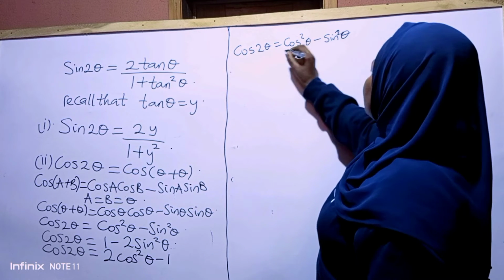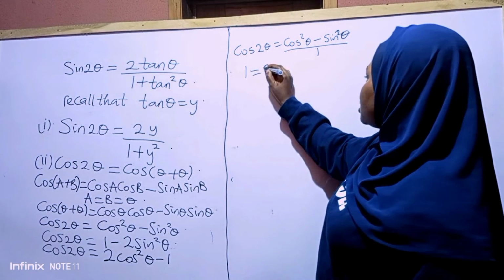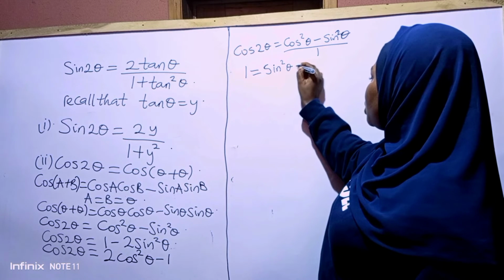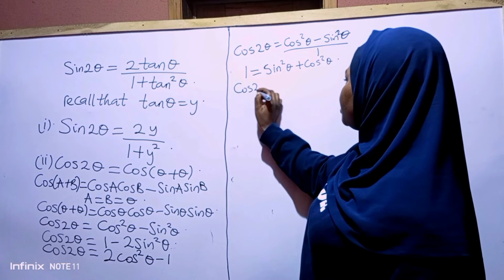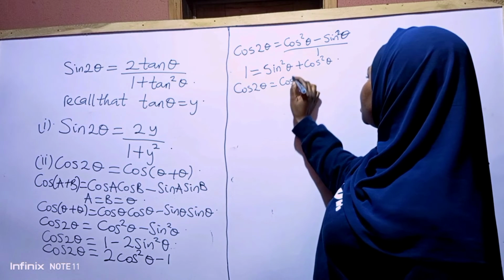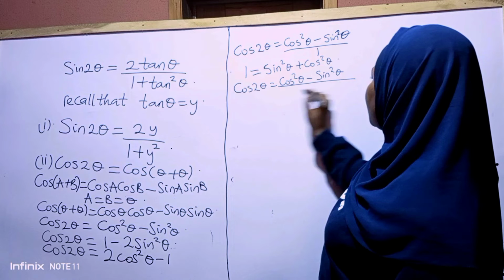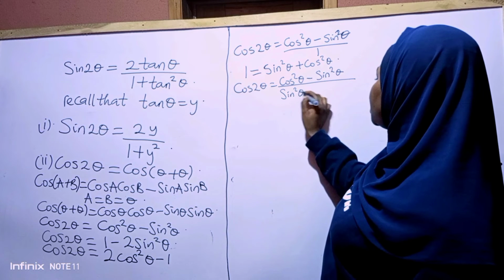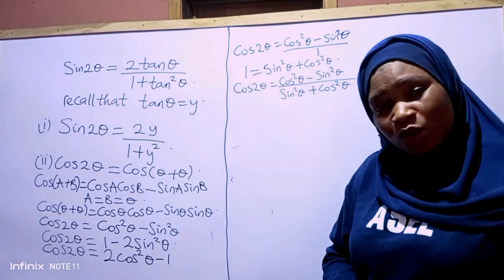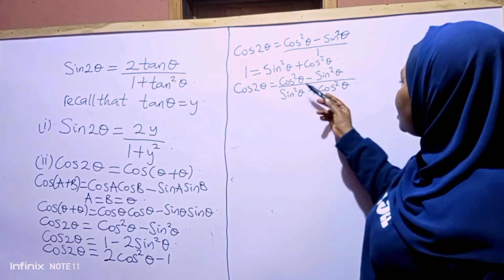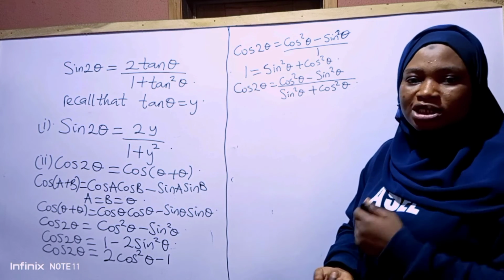So I have my cos 2 theta equal to cos squared theta minus sin squared theta, over 1. I have to recall that my 1 is the same thing as sin squared theta plus cos squared theta. So I have cos 2 theta equal to cos squared theta minus sin squared theta over sin squared theta plus cos squared theta. Since I'm working with tan, I need to divide both the numerator and denominator by cos squared theta.